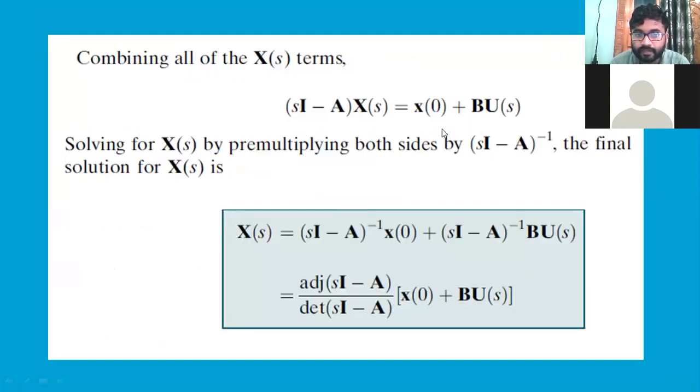So you know all this mathematics first. You have to separate it. You know why you get the identity matrix. Since we are dealing with matrices, it is not simply s. We will get s into identity matrix.